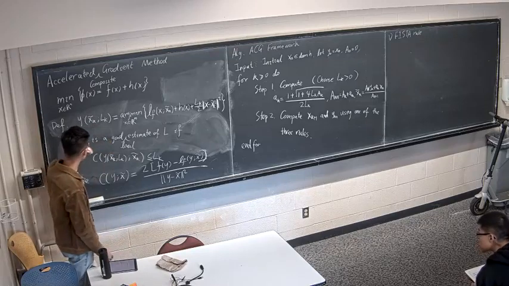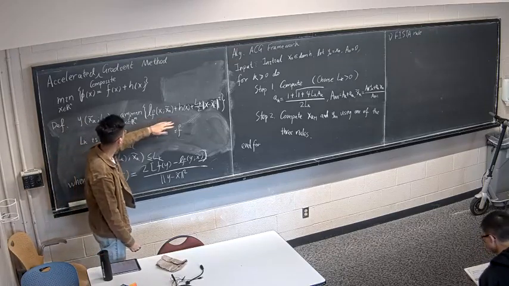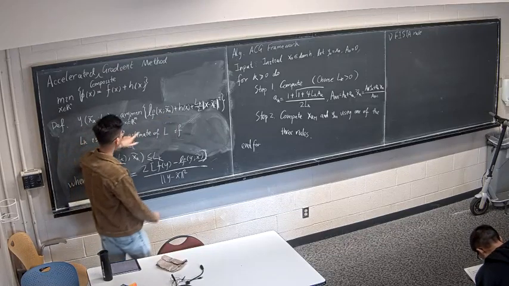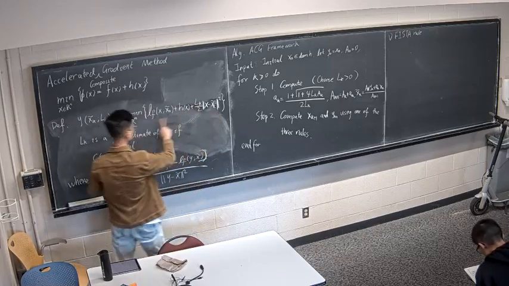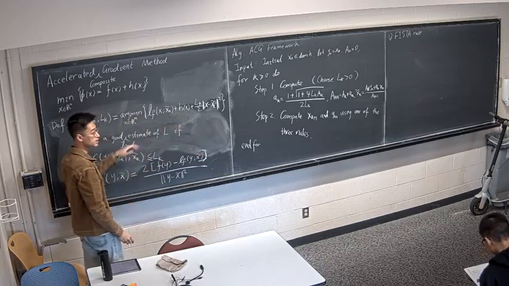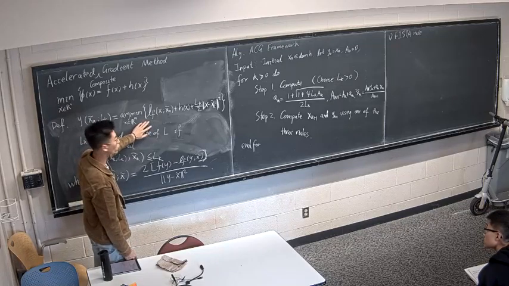Okay, so we first define the solution to this subproblem as y of x_k, L_k. So given a pair x_k and L_k, we can solve this by just one proximal mapping of h. This is like the subproblem we need to solve in proximal gradient method.